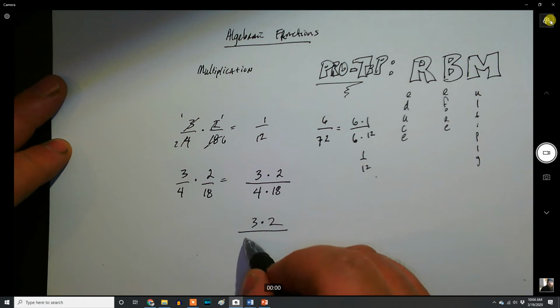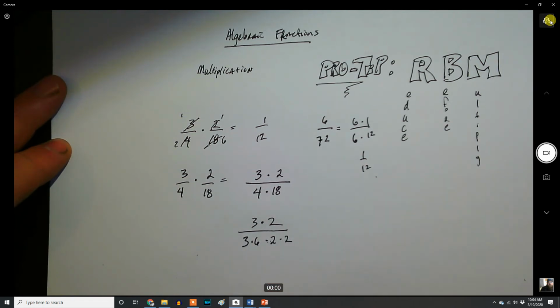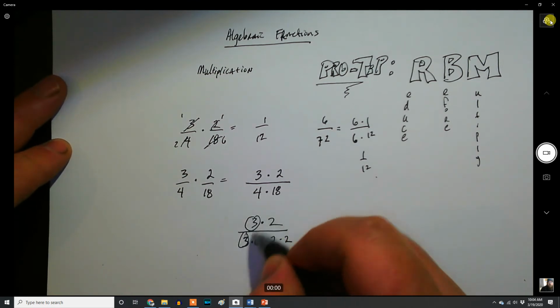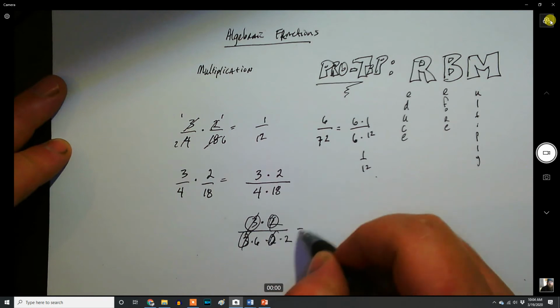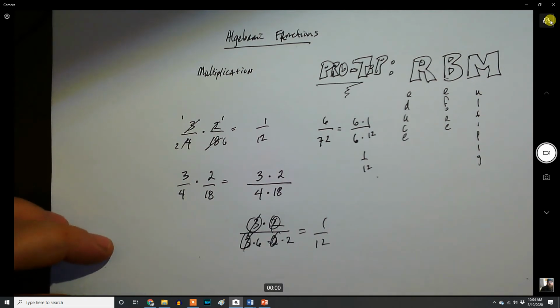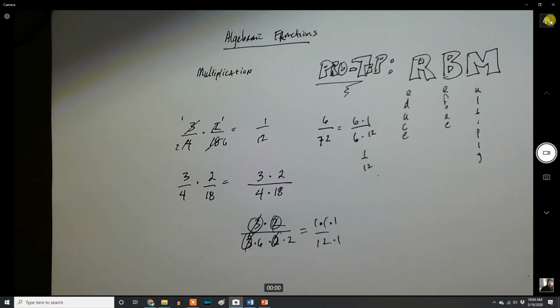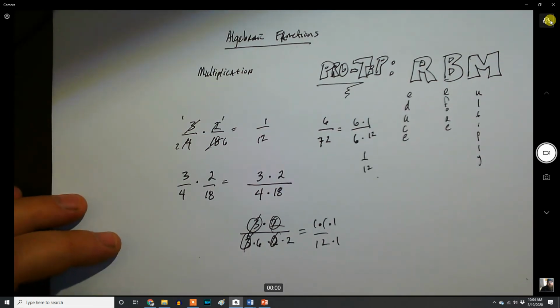Now would you agree 18 is 3 times 6 and 4 is 2 times 2? See, we switched those two. 3 divided by 3 is 1. 2 divided by 2 is 1. That's 1 over 12. Do you see? We never write it out that way because that takes a little longer, but that's really what's happening right there. We're using the commutative property of multiplication, and then we're using the idea that a number divided by itself is 1, and you don't need to write times 1 times 1 times 1. You don't need to write that, right? So that's really what's happening right there.